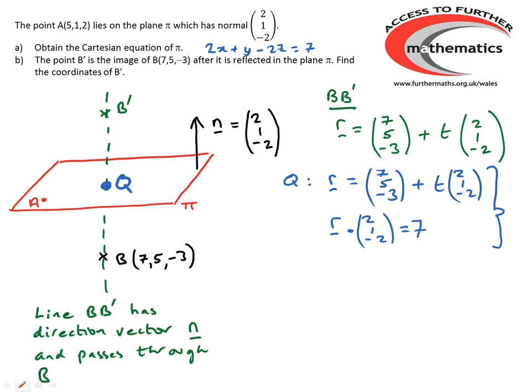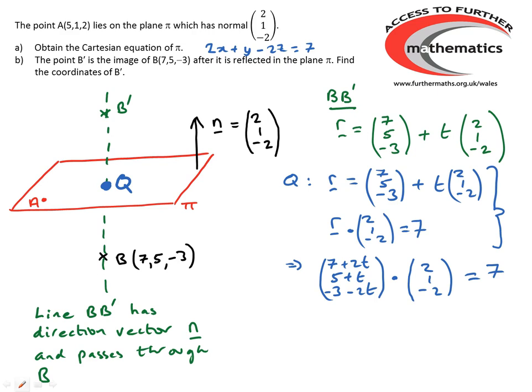Exactly the same as in the previous example, we substitute the form for r from the line equation into the plane equation. So from the line equation we can say that r is 7 plus 2t, 5 plus t, minus 3 minus 2t. And the scalar product of that with 2, 1, minus 2 must equal 7.